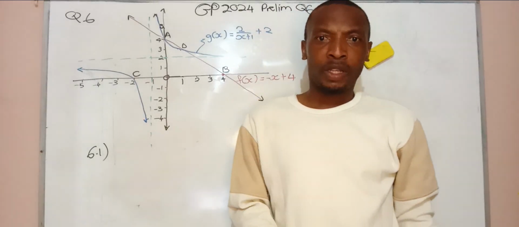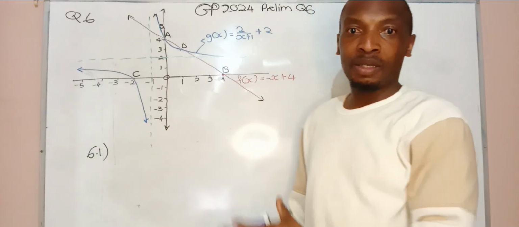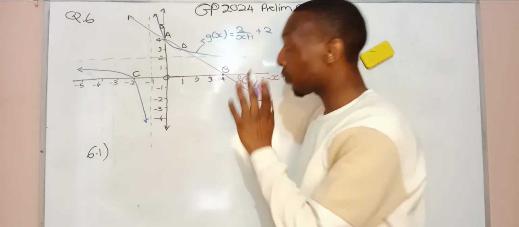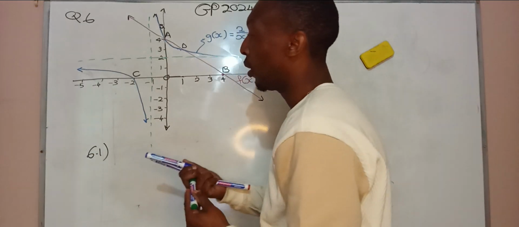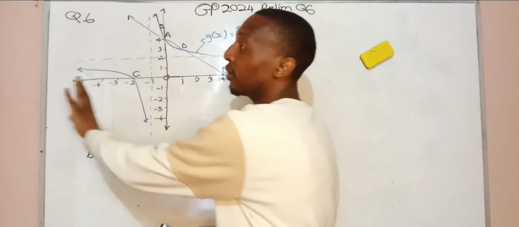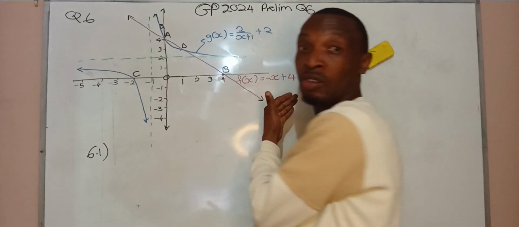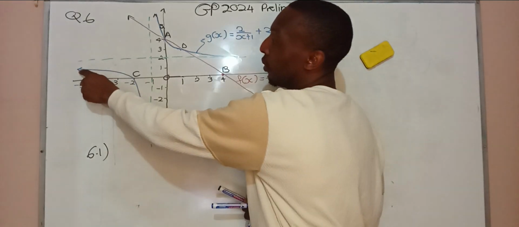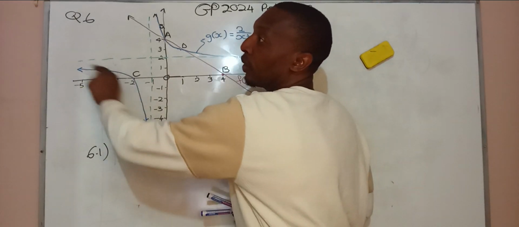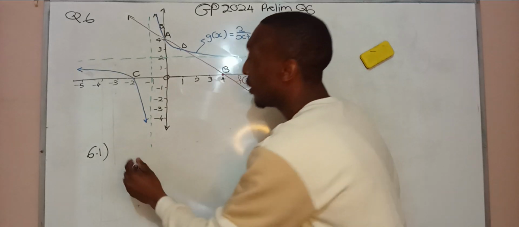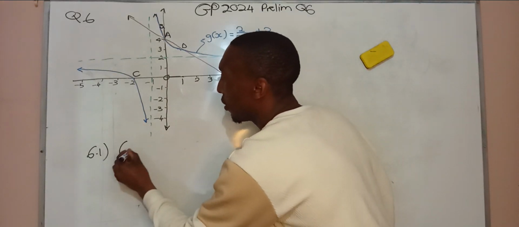All right. So now we can easily work out the domain of this hyperbola. Remember, domain is all the x values, meaning how far to the left does the graph go and how far to the right does the graph go. So that's an arrow. It means it goes all the way to negative infinity. So it starts at negative infinity.